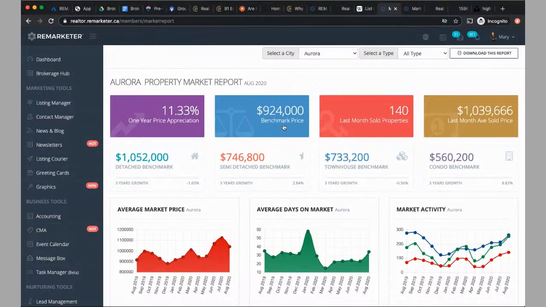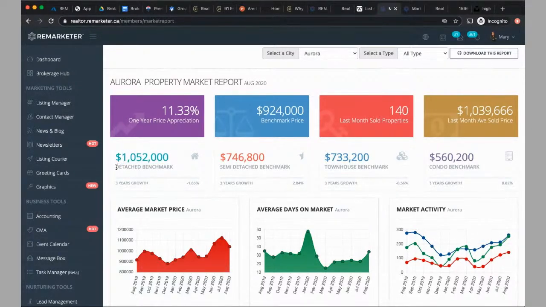So that typical property is basically calculated by looking at each individual neighborhood in Aurora, seeing what type of properties we have here, what sort of structures we have there, and then we can arrive at this number right there. Now, if you look right down here, you can see that we have different property types, and for each one, we have basically a benchmark price.